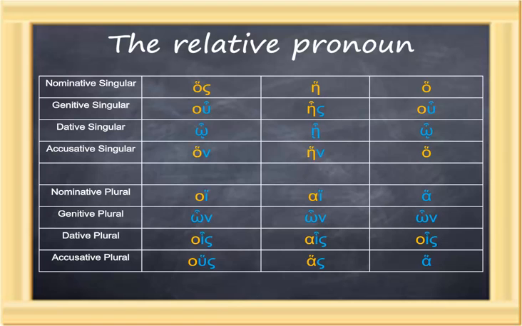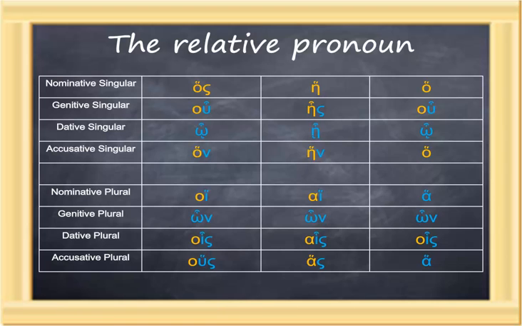The relative pronoun in many ways looks like the article without the tau, with a couple of minor variations. In place of the tau, all forms of the relative pronoun have a rough breathing mark, and all forms are accented.